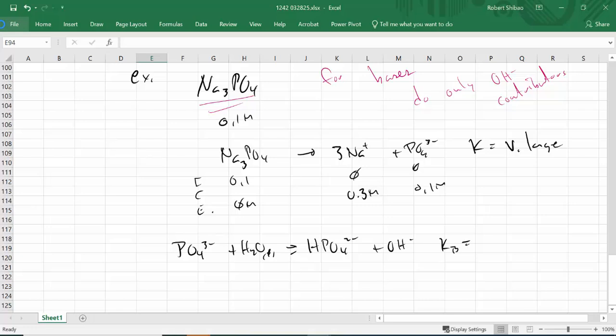The Kb is going to equal Kw over Ka for what acid? The conjugate acid, which is HPO4 2 minus. And so Kw is 1.0 times 10 to the negative 14. Ka for monohydrogen phosphate is 2.2 times 10 to the minus 13.